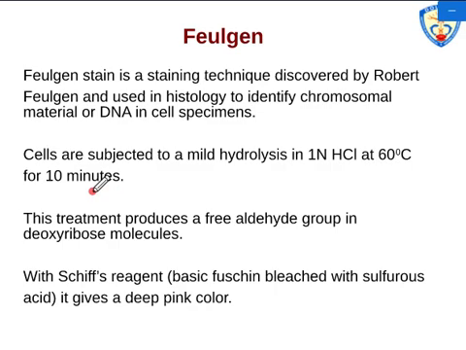This treatment produces a free aldehyde group in the deoxyribose molecules, that is in the sugar molecules of DNA, followed by staining with the Schiff's reagent, which gives a deep pink color. Schiff's reagent is basic fuchsin bleached with sulfurous acid.